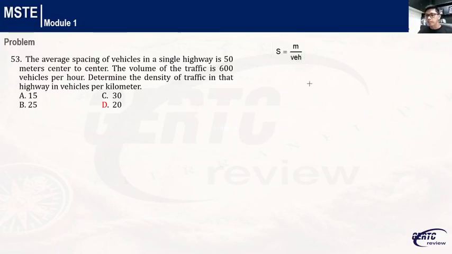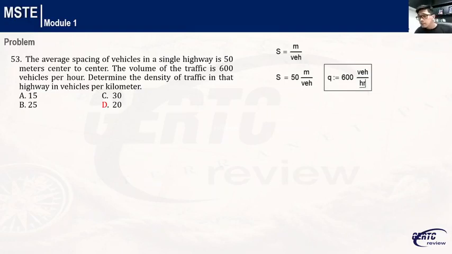Center to center spacing. So, yung binigay dito, the volume of the traffic is 600 vehicles per hour. And also, the spacing is, we have here 50 meters per vehicle. Dapat 50 meters per vehicle yan. Okay? And the volume of the traffic, that is denoted as Q. Q is equivalent to 600 vehicles per hour.